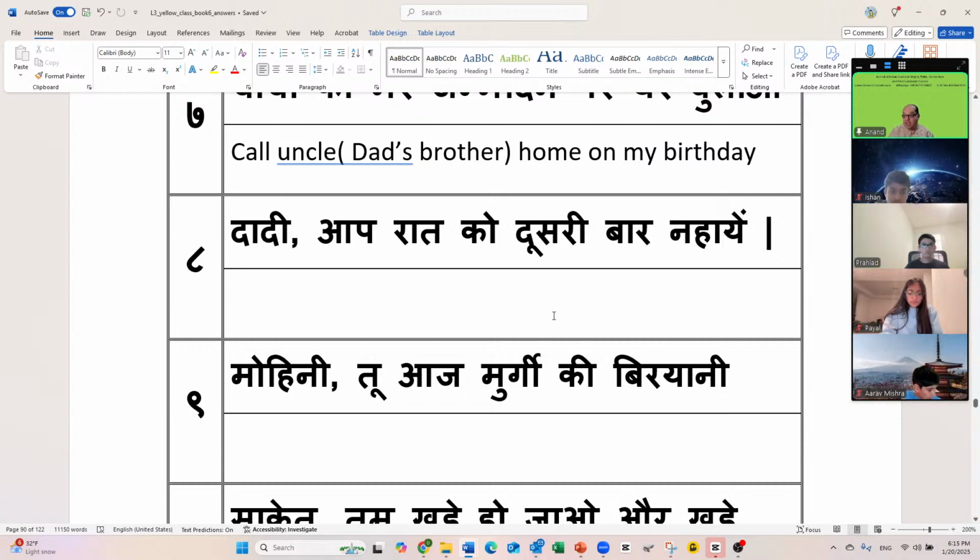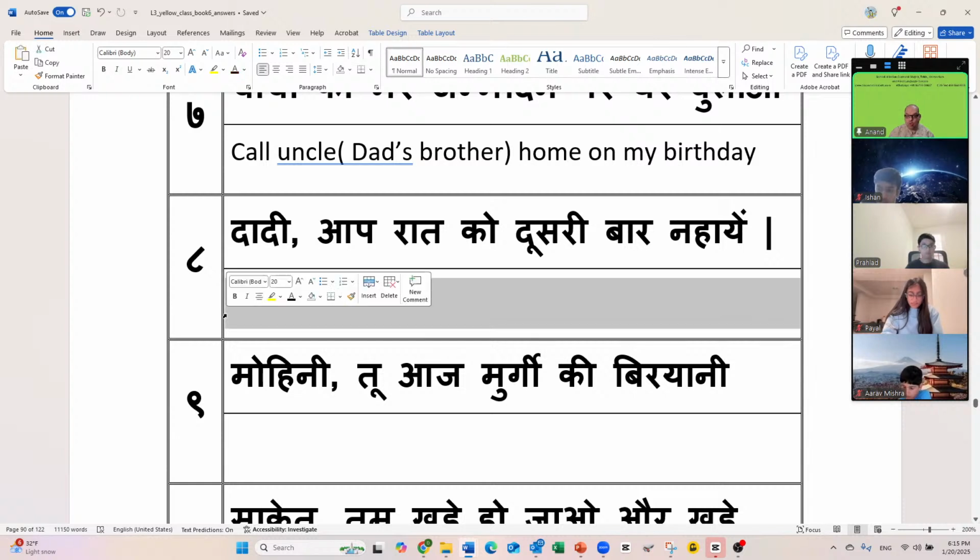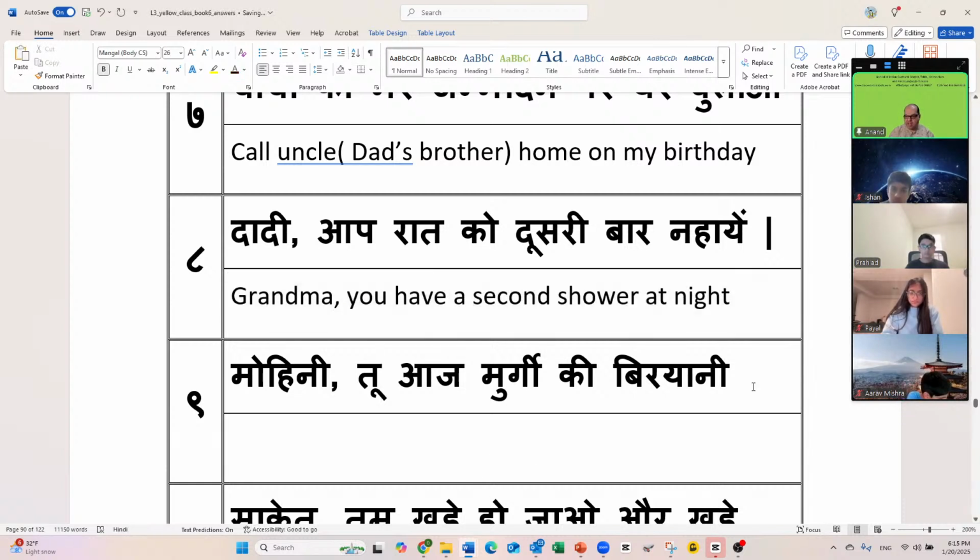That is if you're reporting that Dadi has a shower every night. But here you're telling Dadi, so it is nahaye. You're telling her you go and have a shower. That's not as clear even from the English sentence, but basically you're telling her, Dadi, have a second shower or go for a shower now. That is the implied meaning.